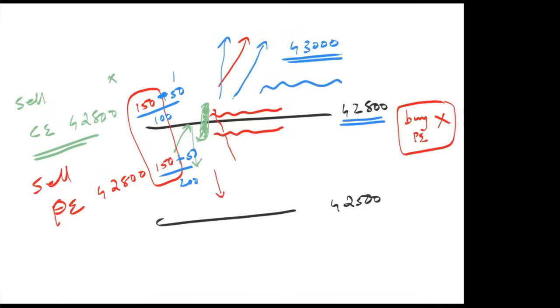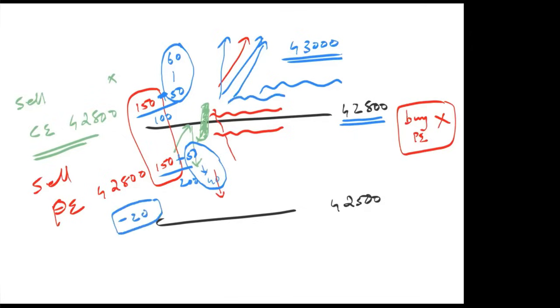Because if it keeps going up another 100 points, the call you will lose, and the put you will gain another 60 points, and the other you will lose only another 40 points. Overall loss will be 110, but the gain will be 90. So you may make an overall loss of 20 in terms of delta, but the time will be there for moving this 200 points.